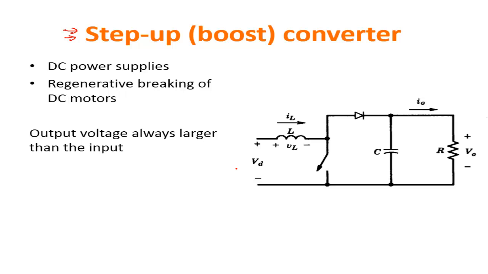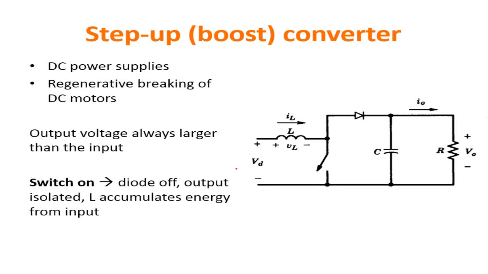When the switch is on, current goes in this way. So you apply Vd to the inductor, so the current through the inductor is positive and increasing linearly in time.